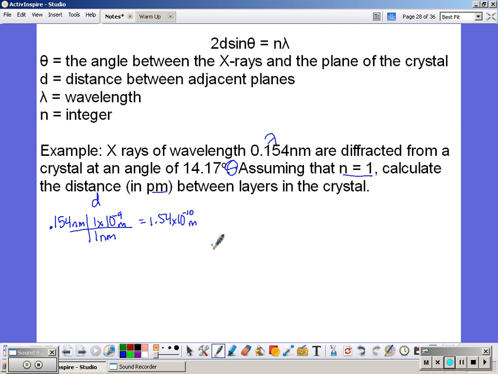Then let's plug this into the formula. 2 times the distance, which is what I'm looking for, times the sine of 14.17 degrees equals 1 times 1.54 times 10 to the negative 10th meters.